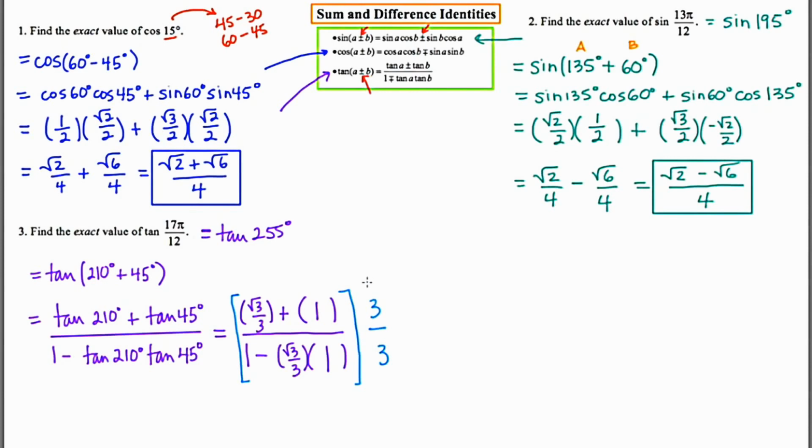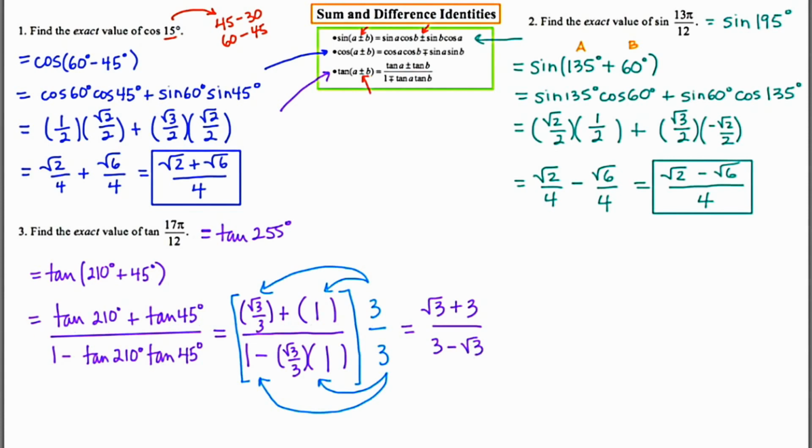I'll distribute on the top 3 times root 3 over 3, and then 3 times 1. When I do that, I end up getting root 3 plus 3. Doing the same sort of thing on the bottom, distributing the 3 into the 1, and then the 3 into the root 3 over 3, I end up getting 3 minus root 3.